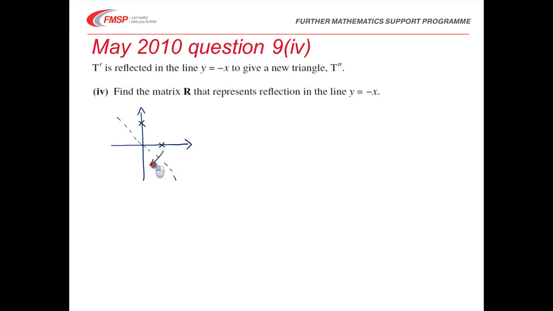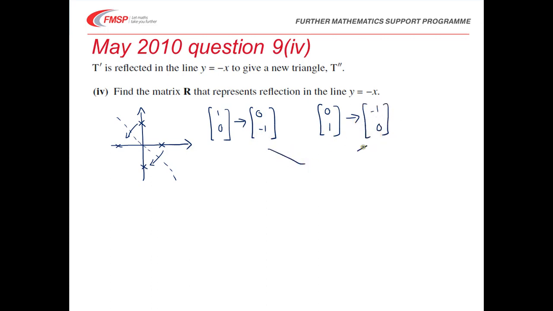So that's going to go to there, and that's going to go to there, and therefore 1, 0 maps to 0, minus 1, and 0, 1 maps to minus 1, 0, and combining these two gives us the matrix R equals 0, minus 1, minus 1, 0.